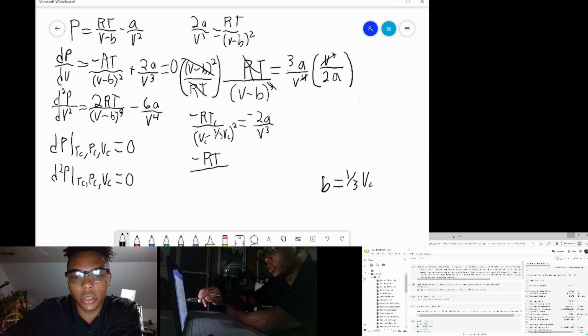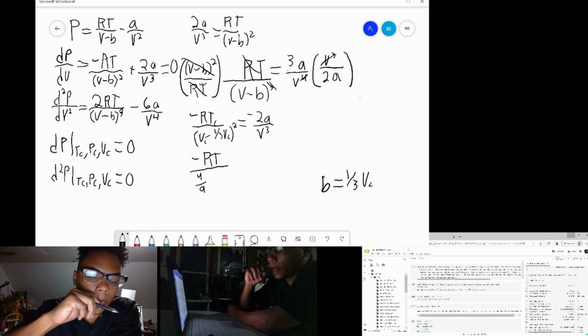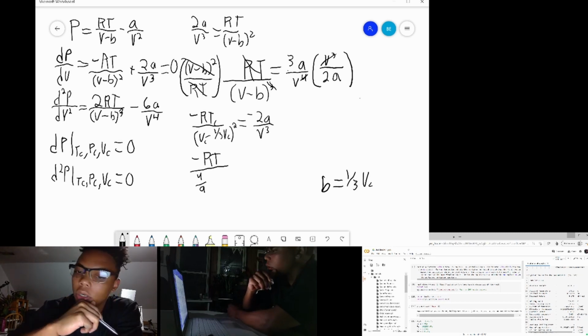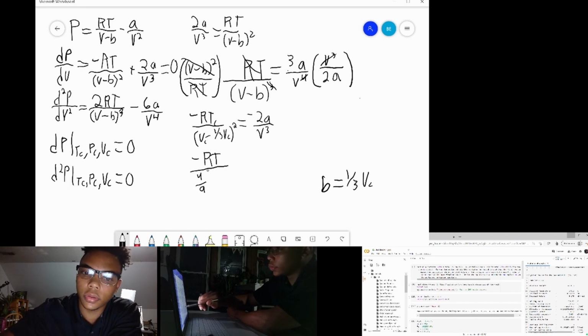1 minus 1/3 is 2/3. 2/3 squared is 4 over 9. 2/3, 2 squared is 4. VC equal to negative 2A over V cubed.